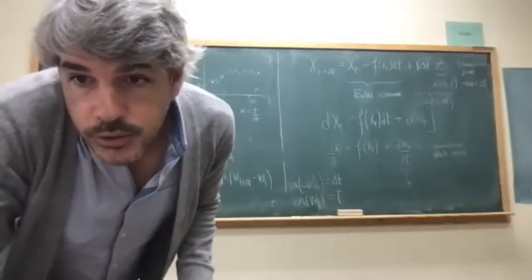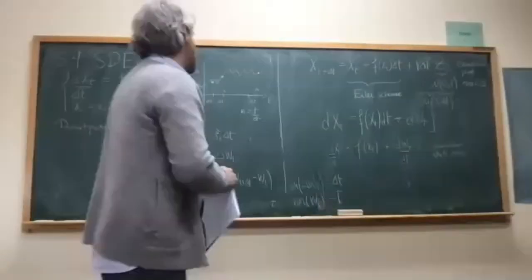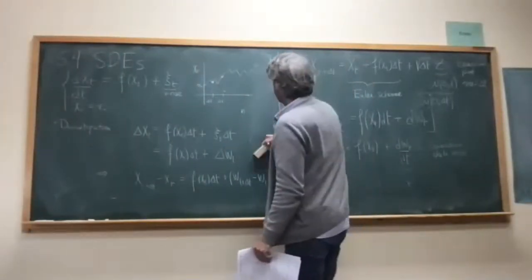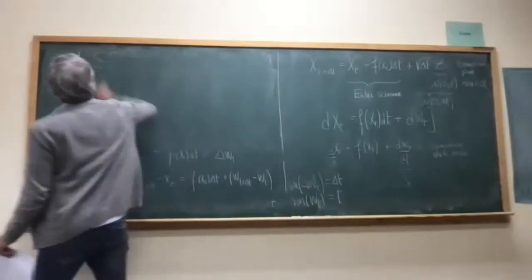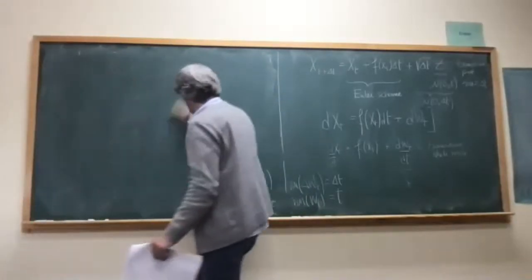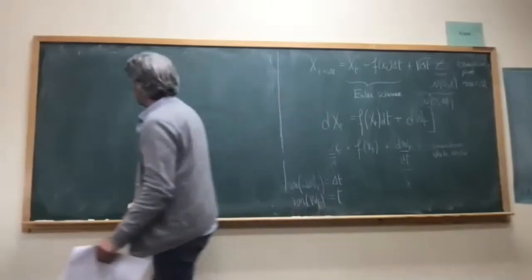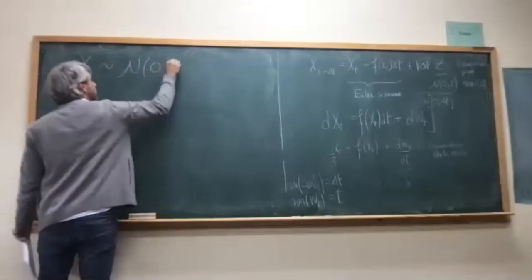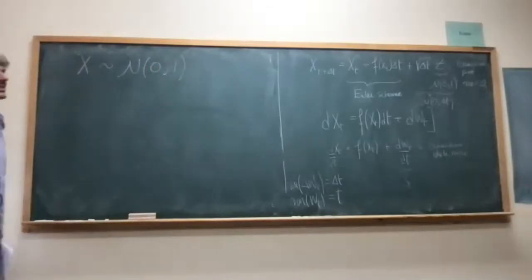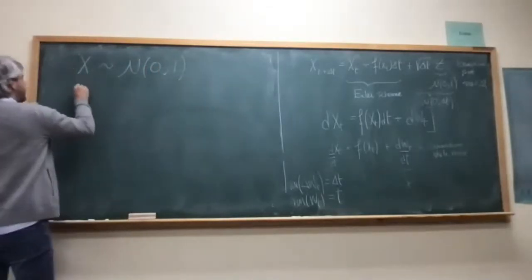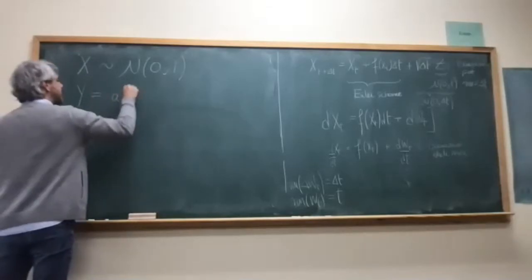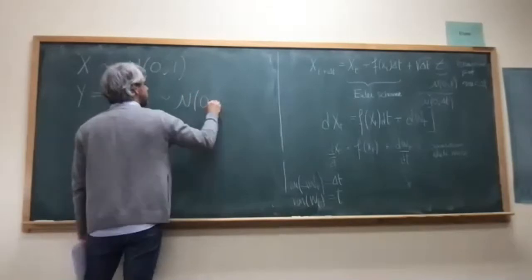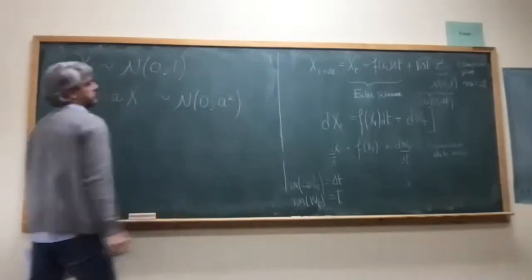How can we take the square root of delta t outside of the Z? Okay, so this is a mathematical result. I'm just going to write this here. If you take a random variable X to be N(0,1), so this is a Gaussian, what we call a standard normal random variable, and if you define a new random variable to be a times X, where a is a constant, then this new random variable has mean 0, but it has variance a squared.